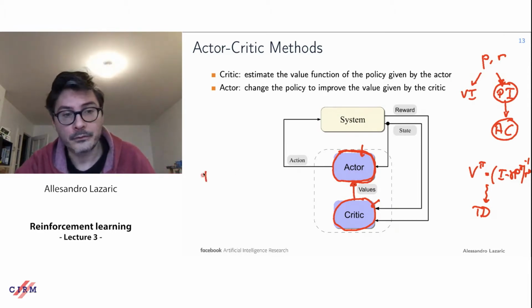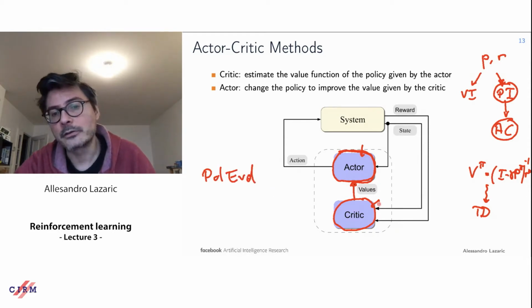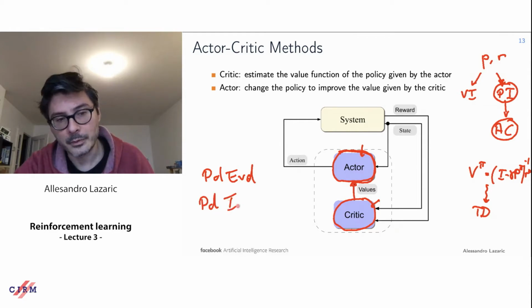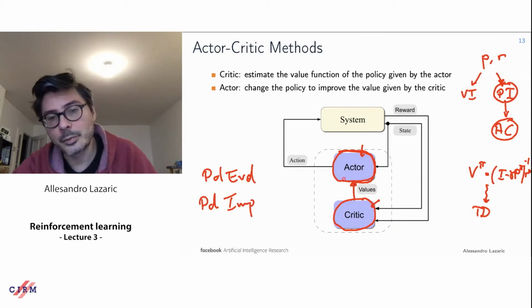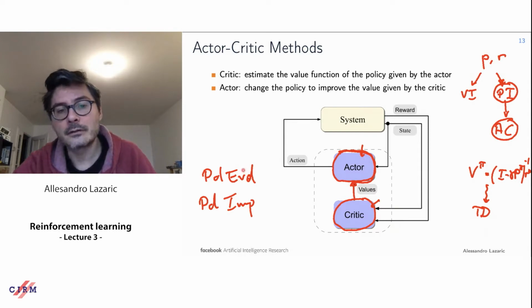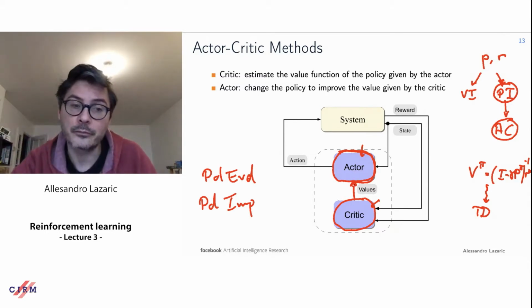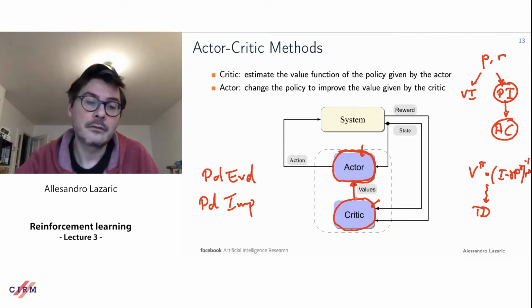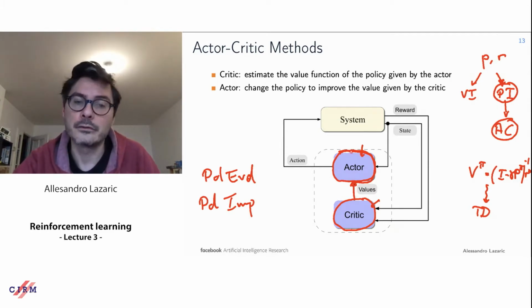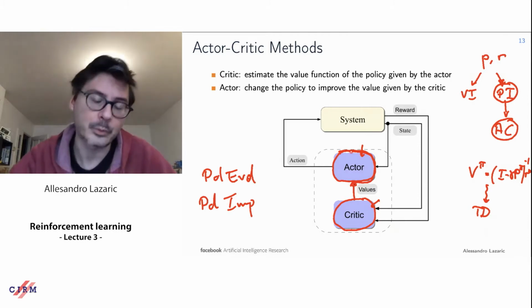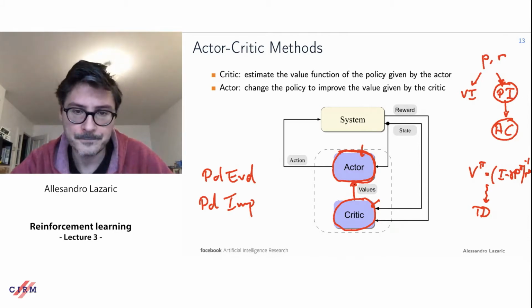We had the policy evaluation step, which is what the critic is about. And then we had the policy improvement step, which is what the actor is supposed to do given the evidence provided by the critic. Given the evaluation of how well we are performing, maybe there is a way to do better. And this was the job of the policy improvement step, or of the actor in this terminology.